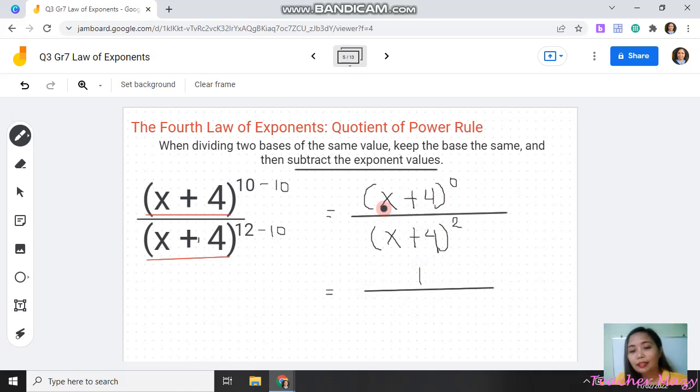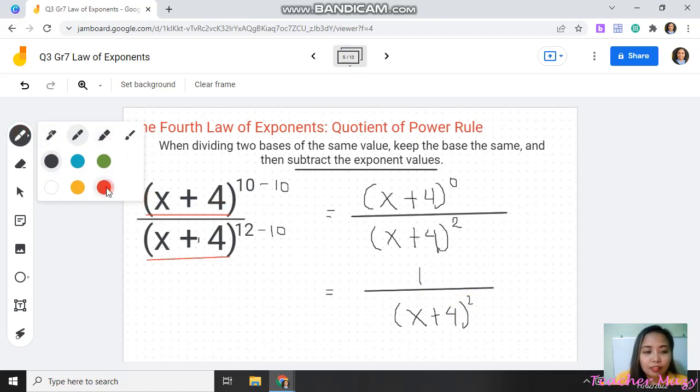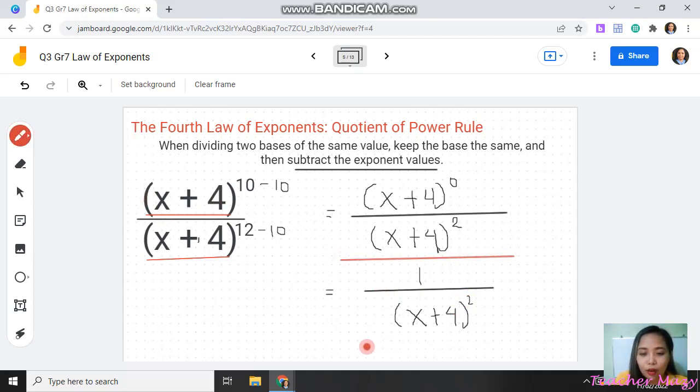So any number raised to 0 is equal to 1. Next, let's just copy our denominator, which is x plus 4 raised to 2. So the final answer is this one. So 1 over x plus 4 raised to 2.